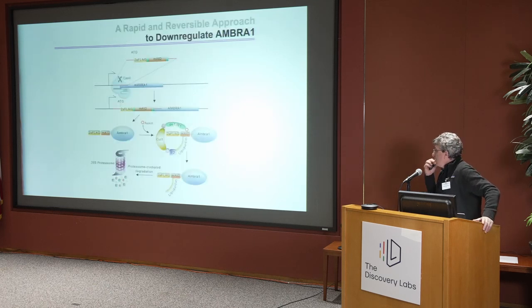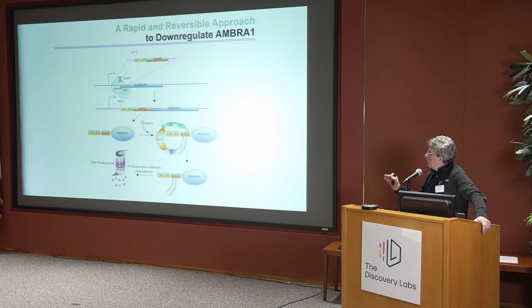And then we used an acute downregulation of AMBRA. I think this is really the gold standard to understand if a substrate is degraded by a particular ubiquitin ligase. And what we did was to fuse the endogenous AMBRA with a minimal auxin degron.